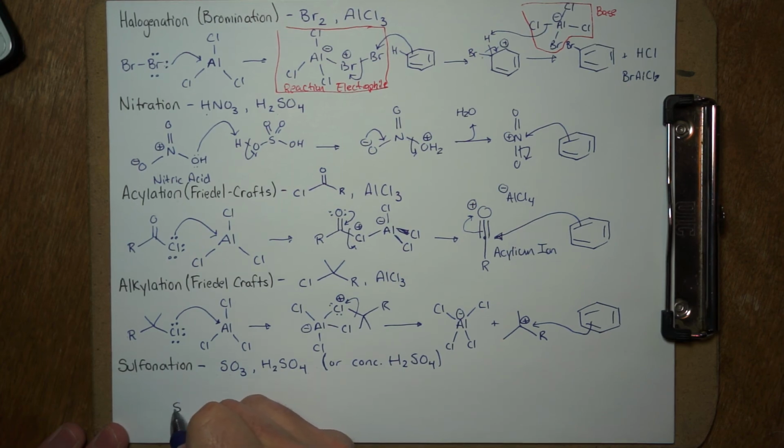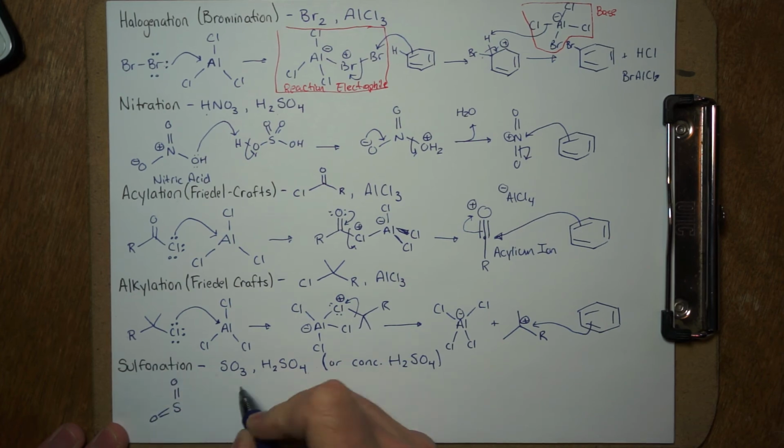So sulfonation, the mechanism is really easy. So SO3, draw 3 bonds to oxygen, and H2SO4. So sulfuric acid, all that's going to do is be the proton source to protonate SO3.